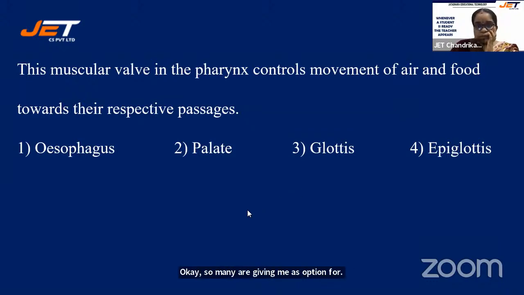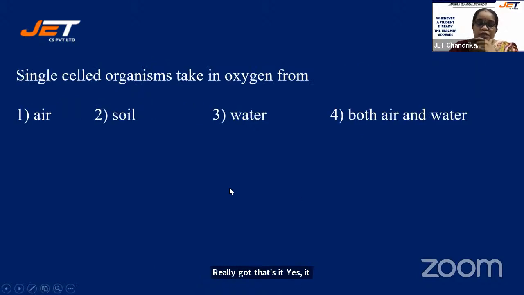Yes, we will check it. Yes, it is option 1, esophagus. It is not option 4, it is 1. Only a few students, Vaishnavi, Chandu, Preetika, got it. Let us move to the next question.